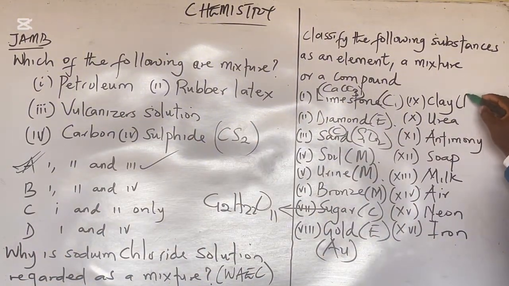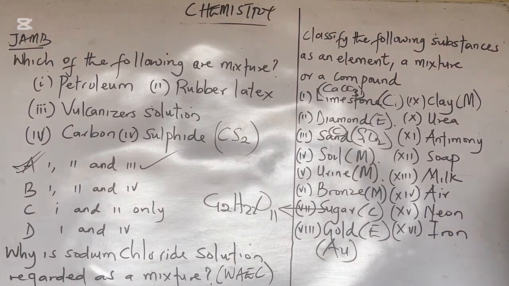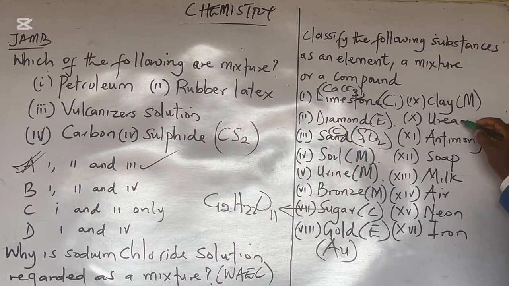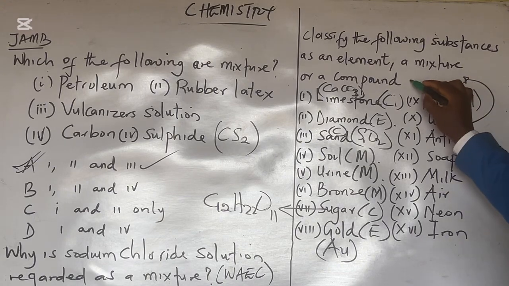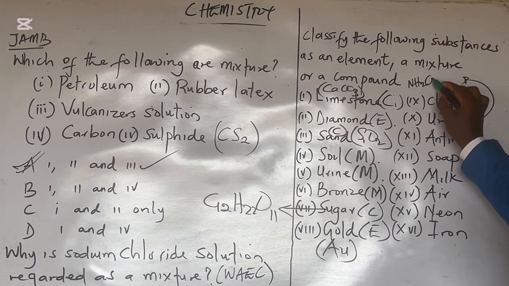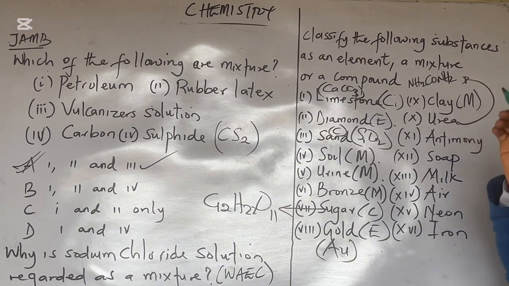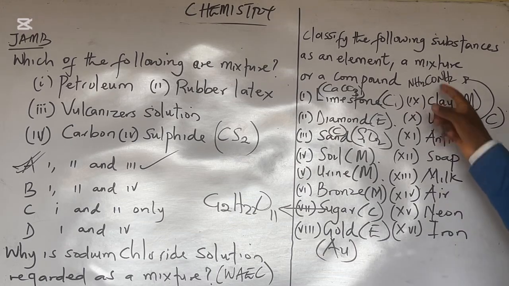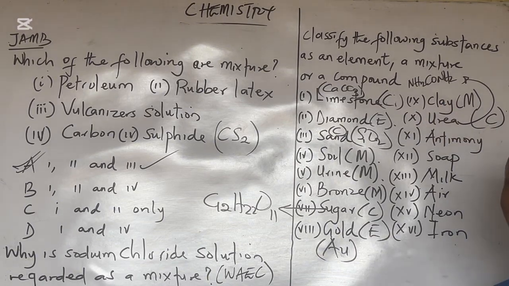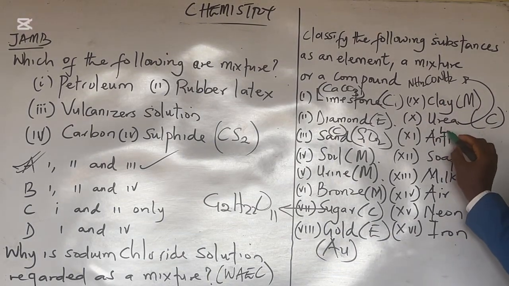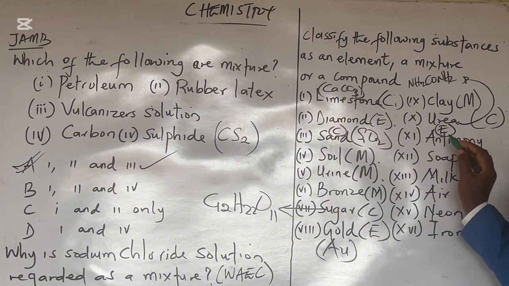We also have urea. Urea is a compound. This is the formula for urea: NH2CONH2. We also have antimony. Antimony is an element, and the formula is Sb.